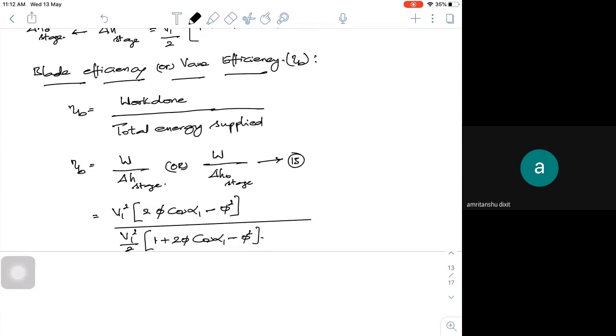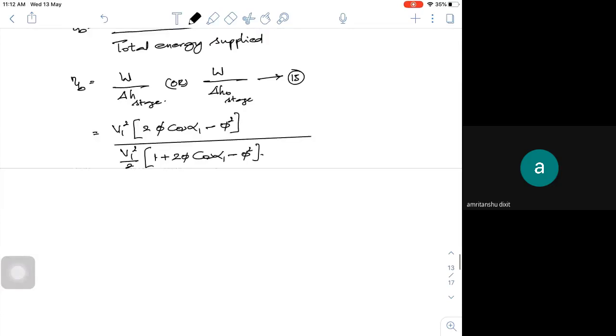So this is the expression. Further simplification: the 2 I can take to the numerator, and V1 square simply cancels out. I am left with 2 into 2 phi cos alpha 1 minus phi square divided by 1 plus 2 phi cos alpha 1 minus phi square.